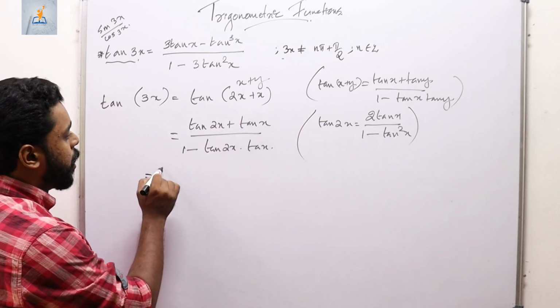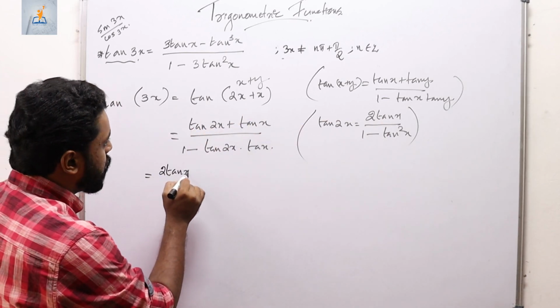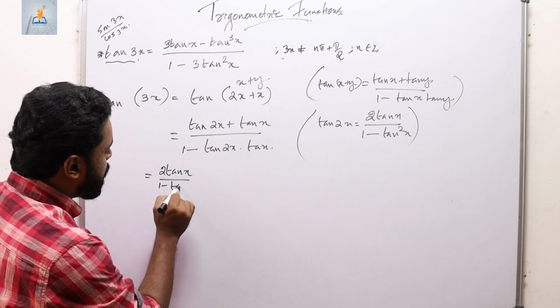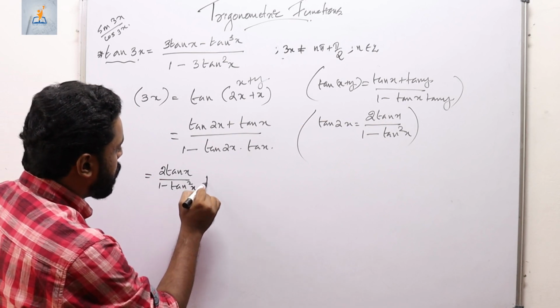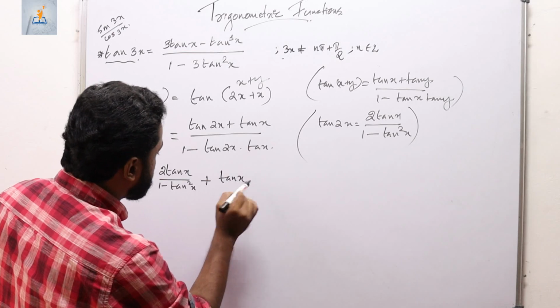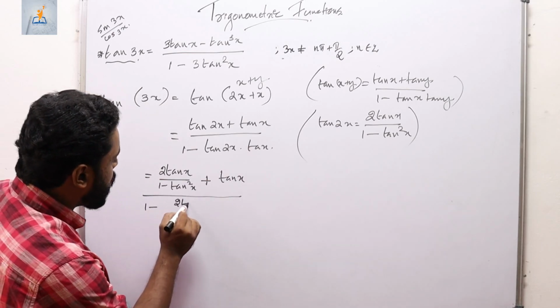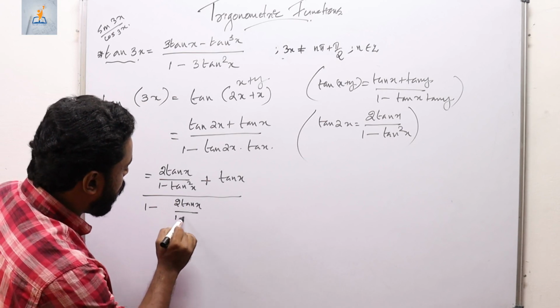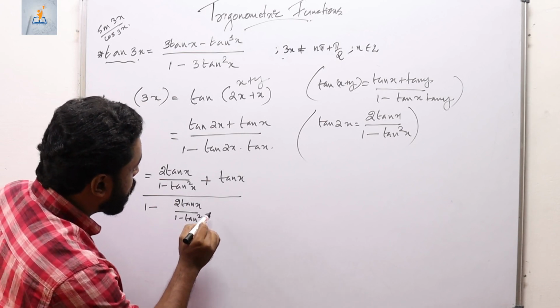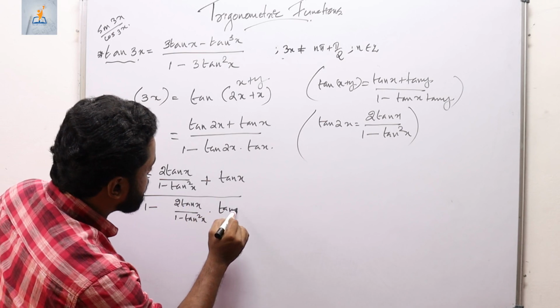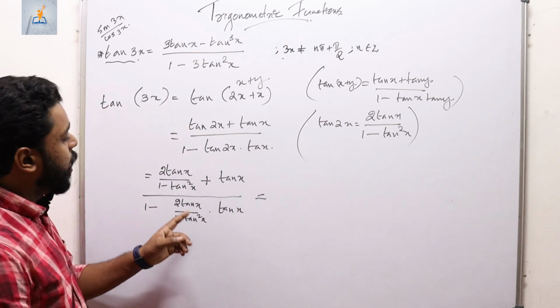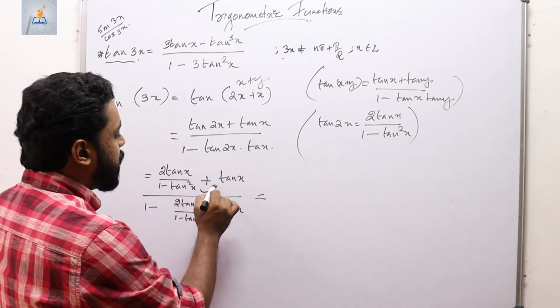So it will become 2 tan x divided by 1 minus tan square x plus tan x, whole divided by 1 minus 2 tan x divided by 1 minus tan square x into tan x. Let me cross multiply this numerator.